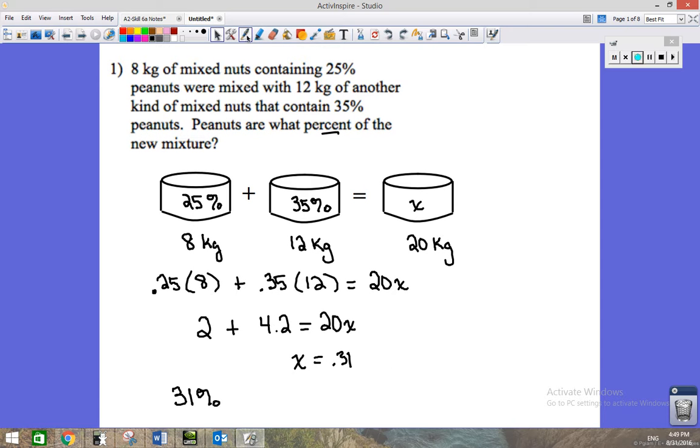I'll just write it right here. The new mixture is 31% peanuts.